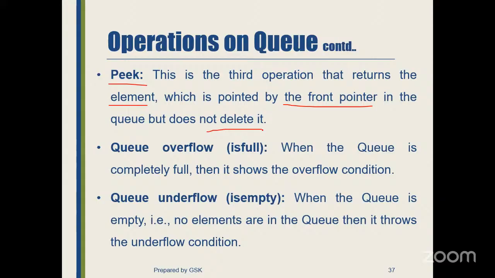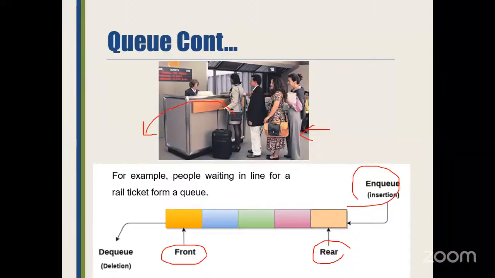Coming to the peek, the element pointed by the front pointer, but that element will not be deleted. Just that is used to get the element only. We don't want to delete that. Just I want to print that. That operation is called peek operation.